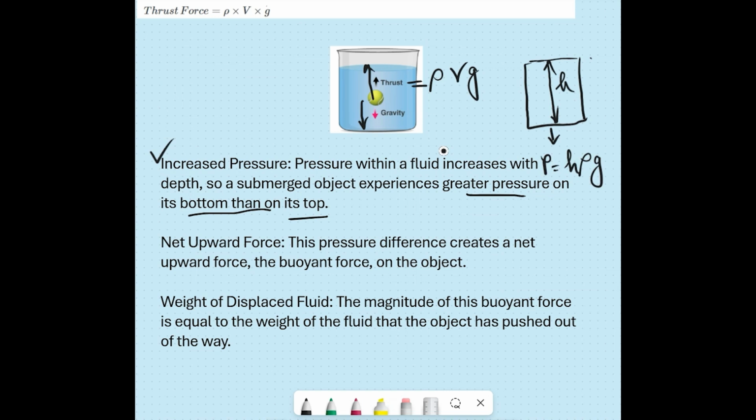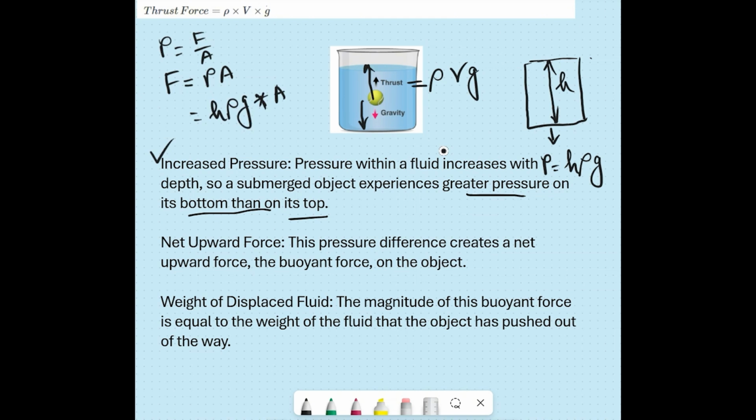By the way, this pressure P is equal to H rho G, and what will be the force? So we could write F is equal to, the empirical equation is P is equal to F by A, right? So F is equal to P A, right? So P is H rho G times A, right?